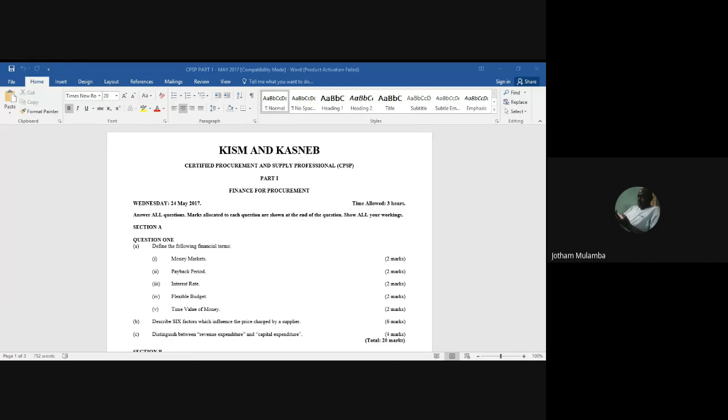Time value of money. We discussed that when we were discussing NPV, IRR, and profitability index. Who can tell us what it is?